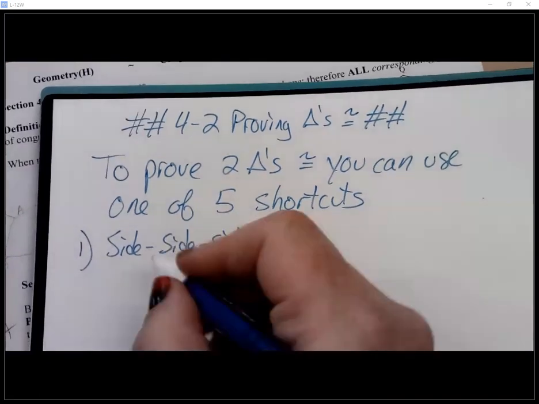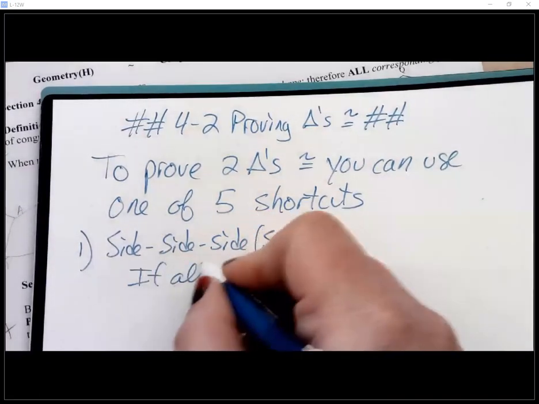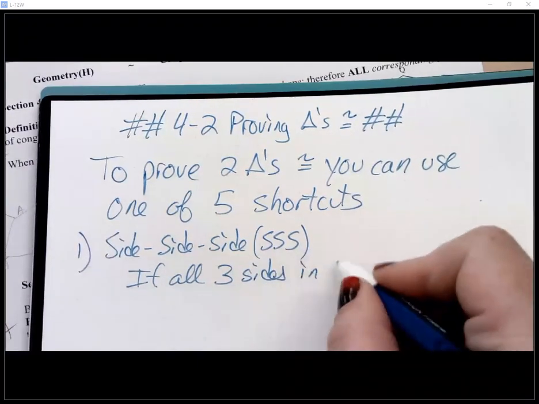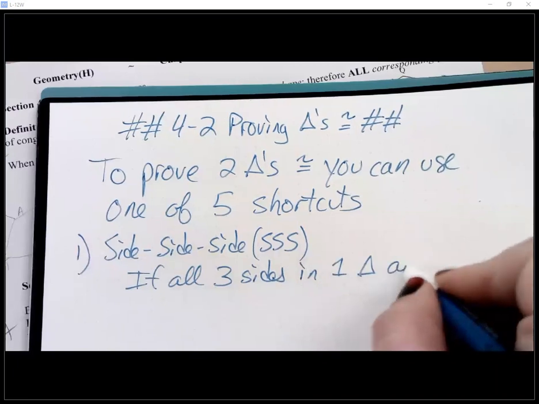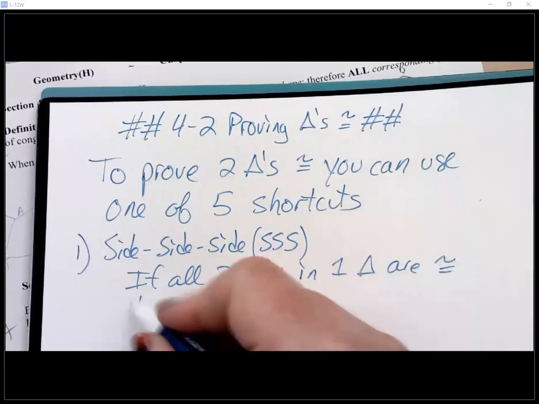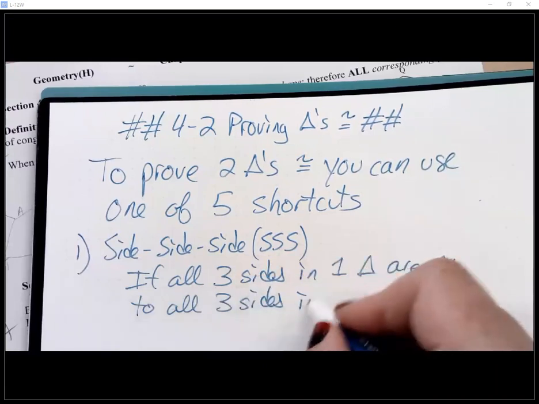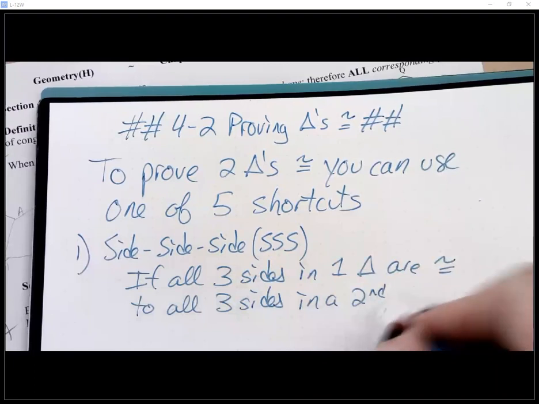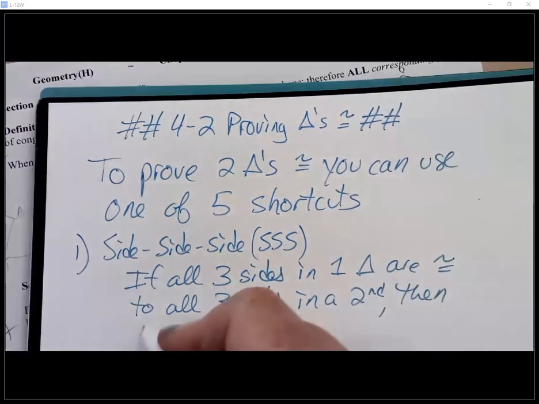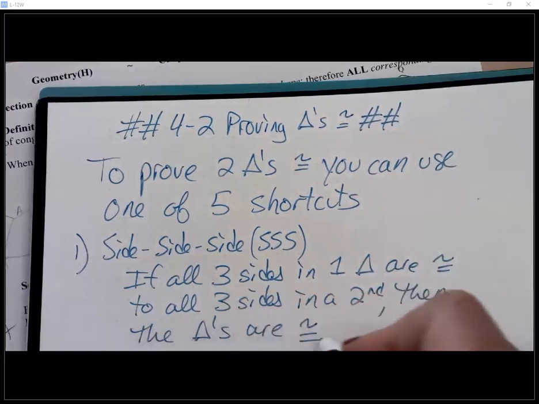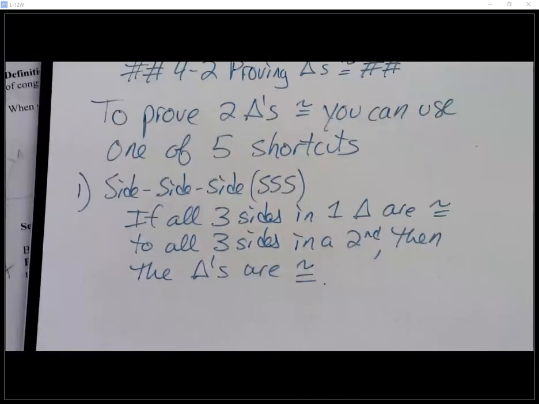It simply tells us if all 3 sides in one triangle are congruent to all 3 sides in the second, then the triangles are congruent, without ever even having to measure the angles. That's so cool. I don't know if you get how cool that is, but it is.